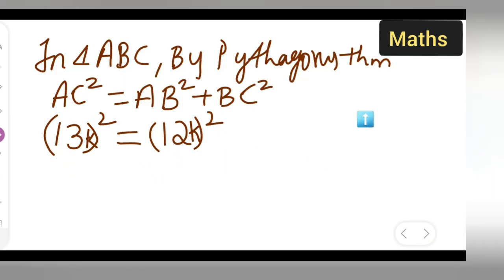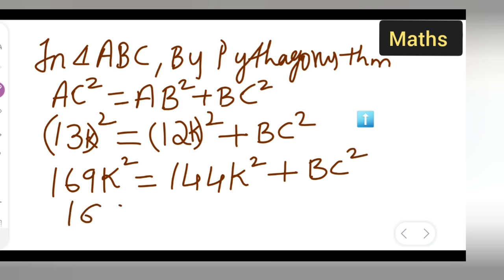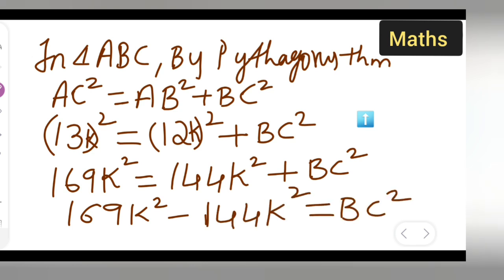So (13k) square is equal to (12k) square plus BC the whole square. Now 13k square is 169k square, and 12k square is 144k square, plus BC square. Bringing this term to the other side, it becomes minus 144. Now subtract and I will get 25k square.